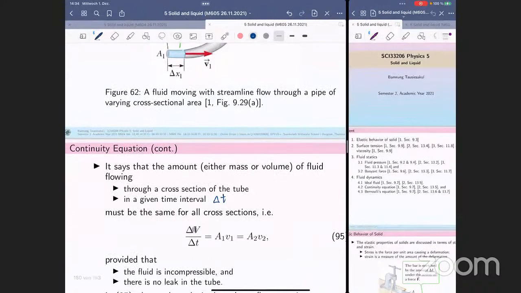Okay, fluid flow rate. From this expression, we have delta V by delta t. This is the flow rate, the volume of the fluid flow per time.